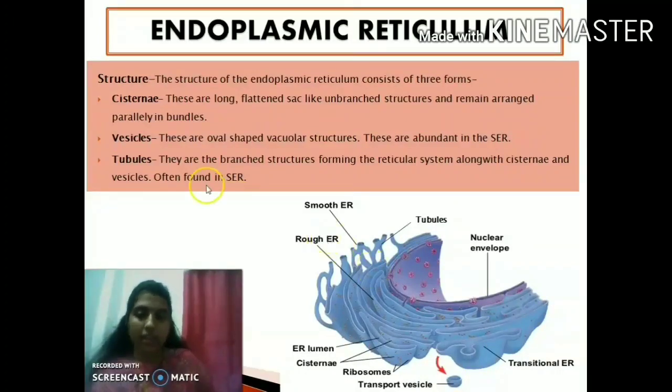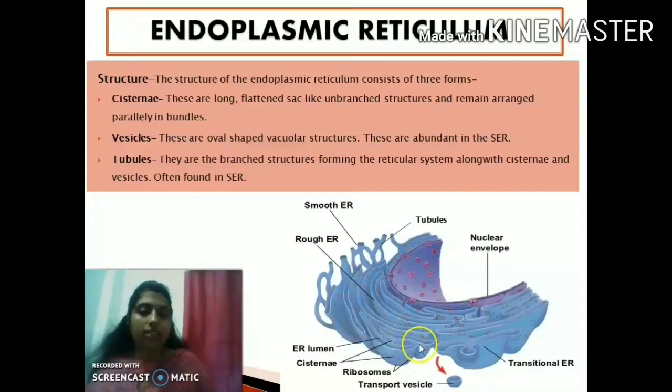Clear? Next, the third part is tubules. You can see here some tube-like structures interconnected with each other. These are the tubular structures of the endoplasmic reticulum. So the endoplasmic reticulum has its structure consisting of three important forms: cisternae, which are the flat structures, can you see these ones?